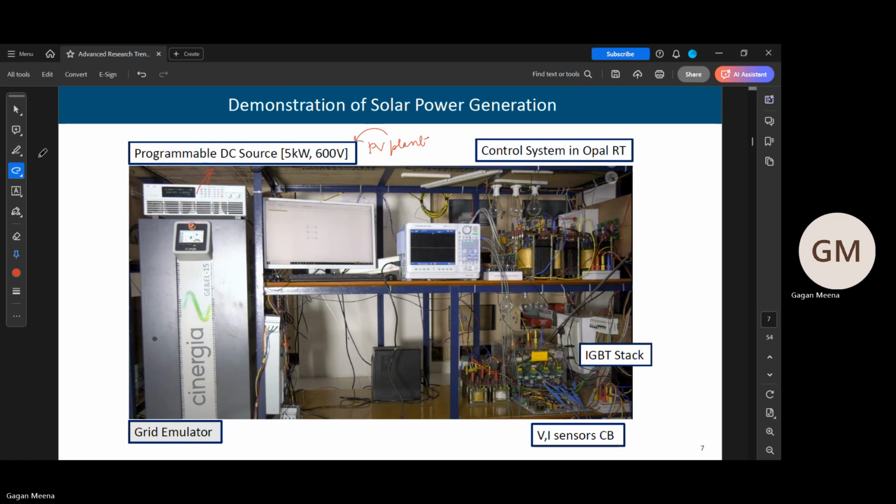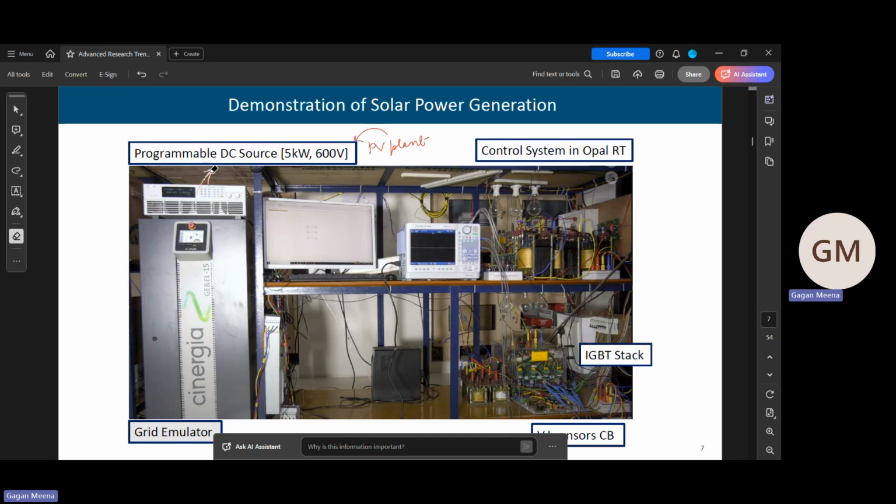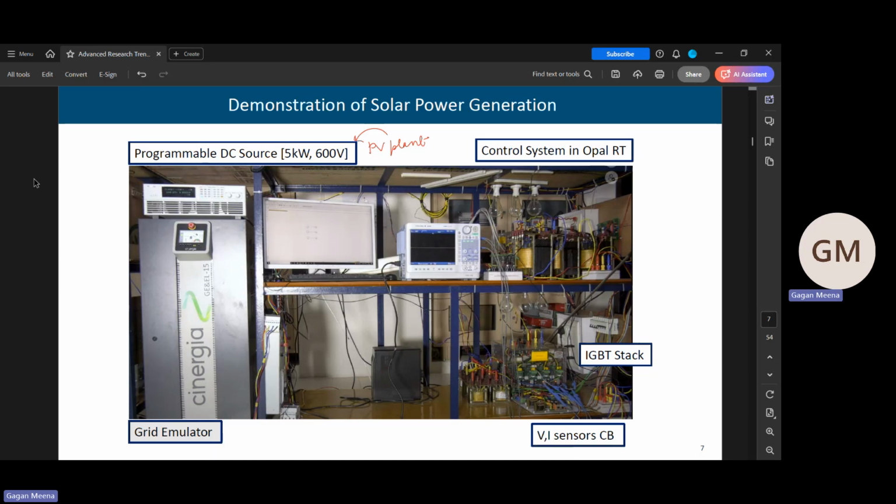The output of this PV plant is connected to the grid emulator, which is an interface between the PV plant and the grid.